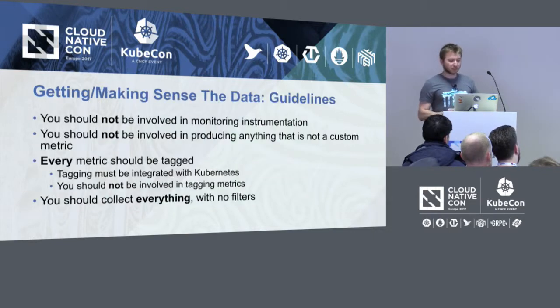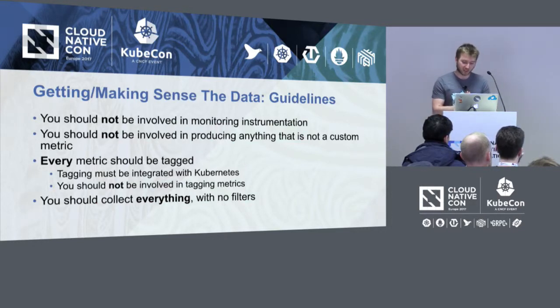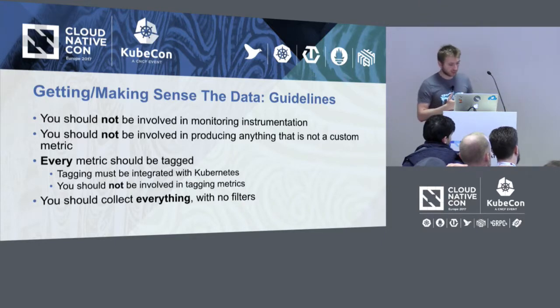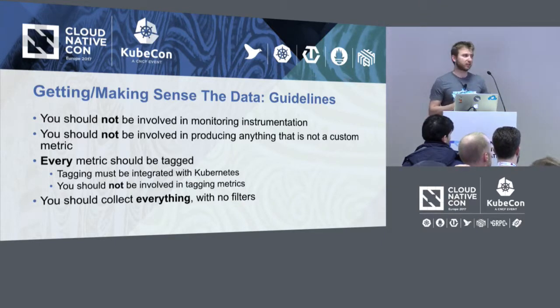So after you get the data, it comes to the other part, which is making sense of this data. This is probably the most important slide of my talk. I think all these items are extremely relevant. And so these are the guidelines that you should adopt when you get the data to make sense of it. So let me explain them. The first one is you should not be involved in monitoring instrumentation. What does it mean?